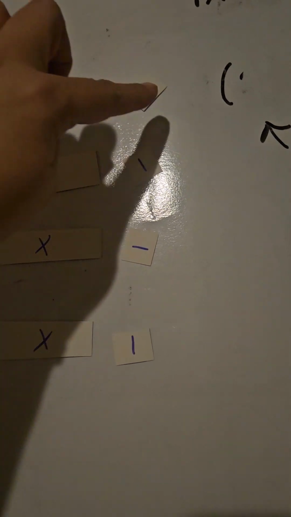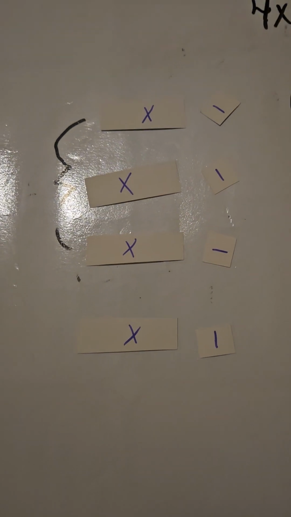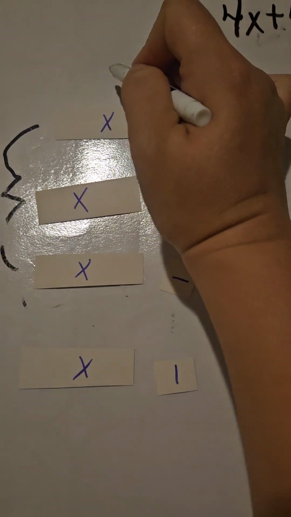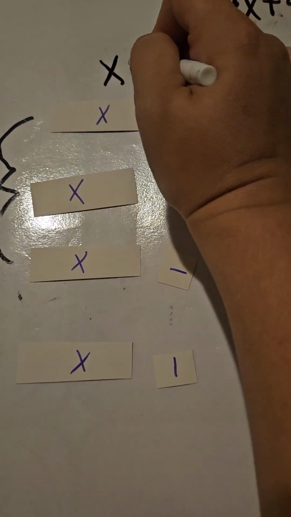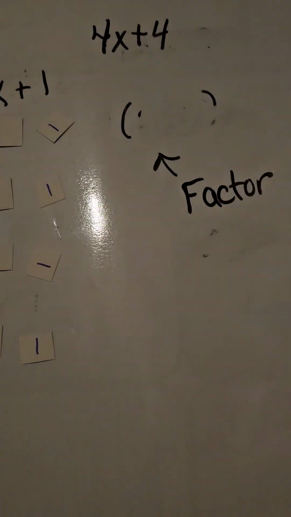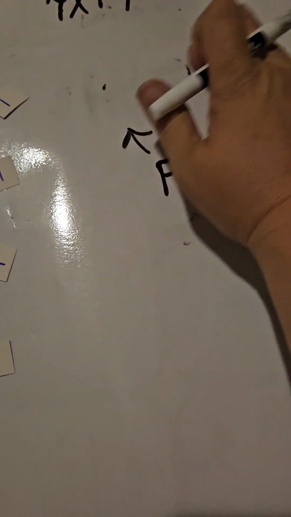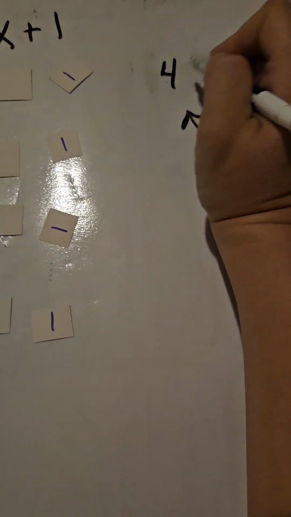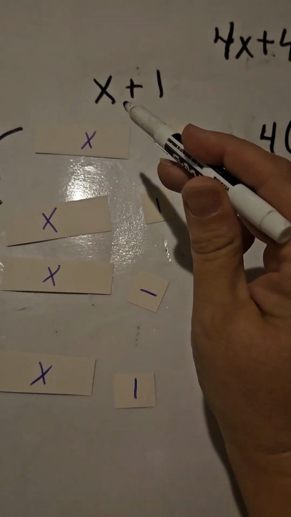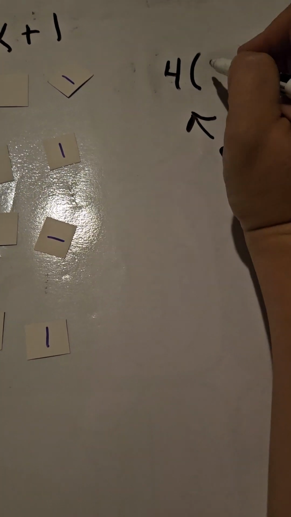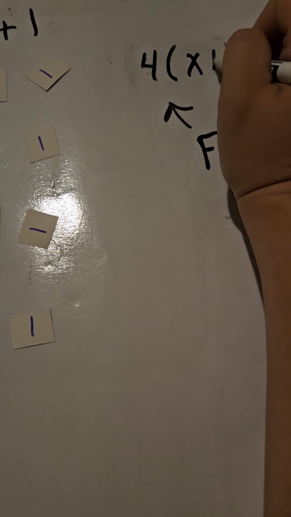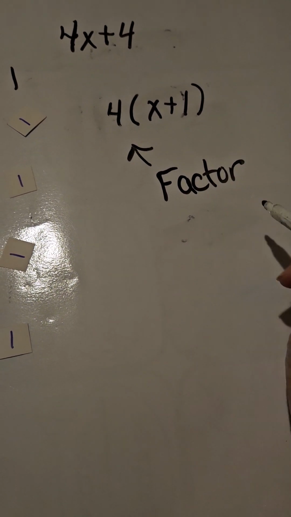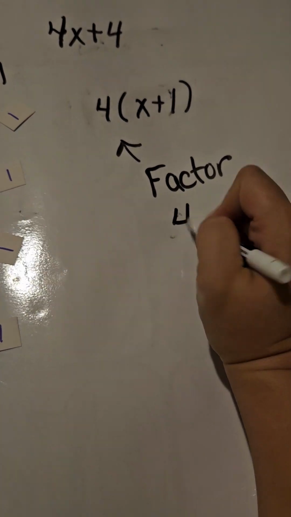In each row I have an x and a 1. So I have a total of 4 for my rows, and in each one x plus 1. So on the outside of my parentheses is the number of rows, and then in each row inside of the parentheses is what's in each row, x plus 1. So my factor of 4x plus 4 is 4.